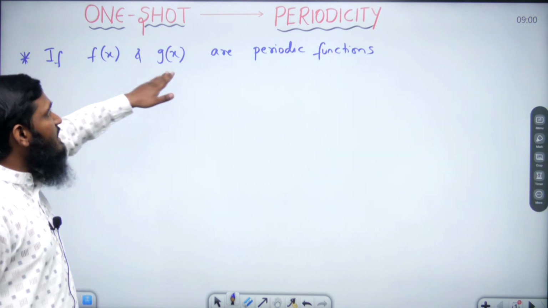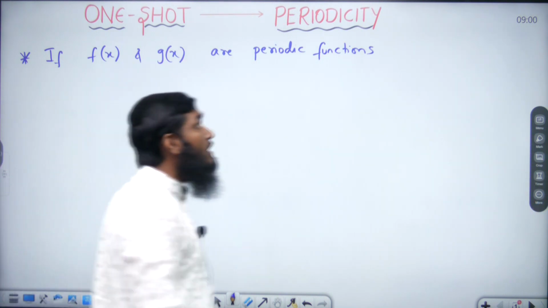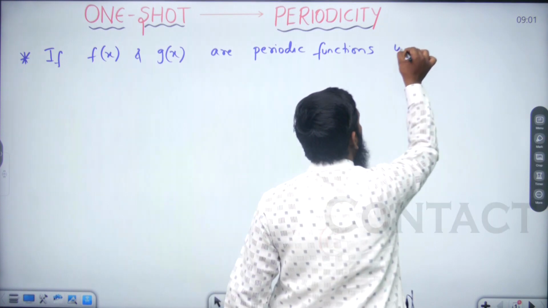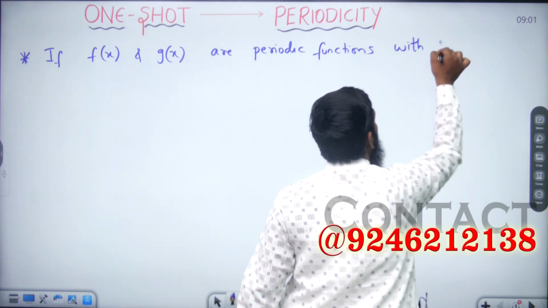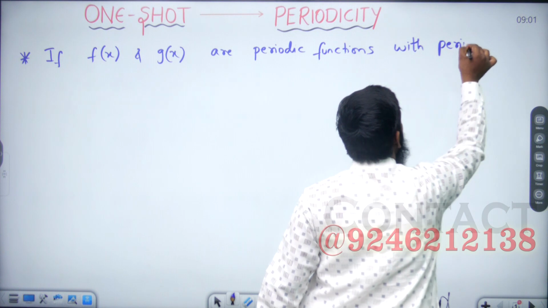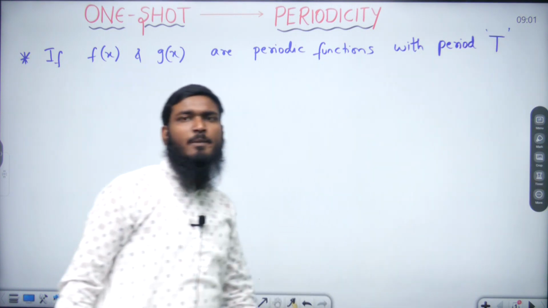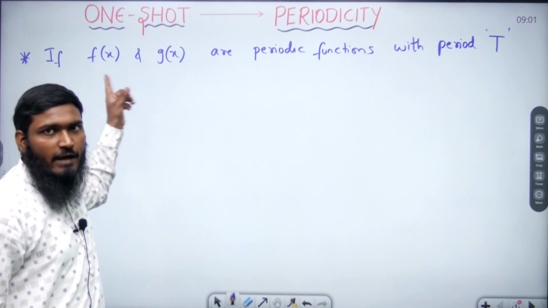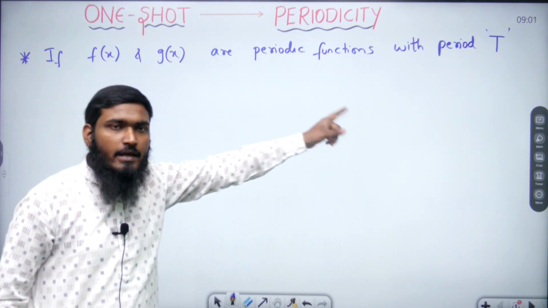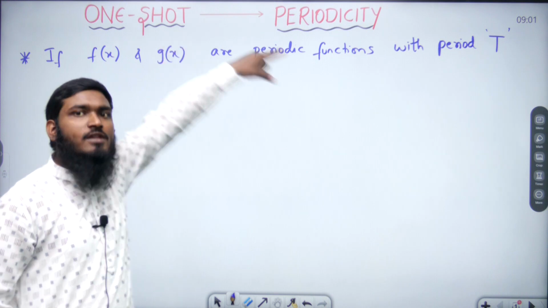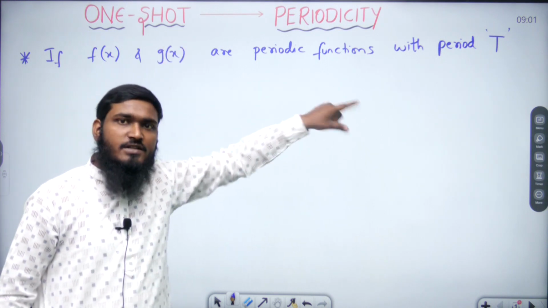If f of x and g of x are periodic functions with period t, what is the meaning of with period t here? For this function f of x, we have the period t. For the other function g of x also we have the same period, which is t only.